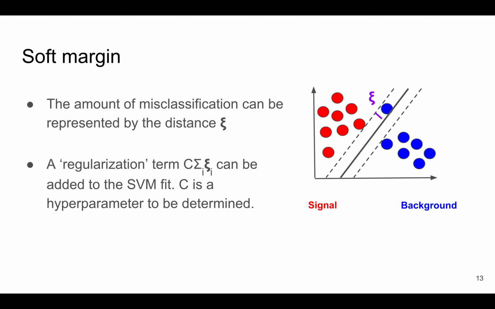The amount of misclassification can be represented by the distance, ξ, from the correct boundary, and therefore a regularization term, C times the sum of ξ_i for each feature i, can be added to the SVM fit. C is then a hyperparameter to be determined.